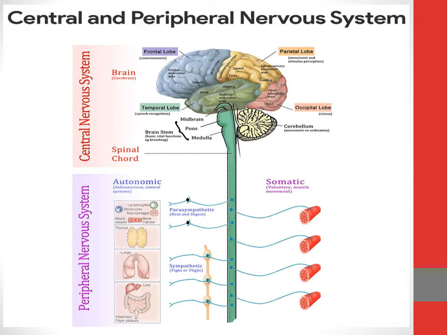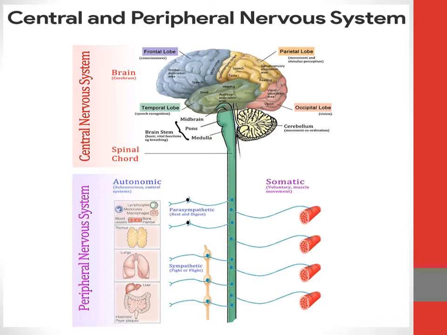Okay, so let's just briefly discuss a couple of functions of the different lobes of the brain. When we look at the frontal lobe, that's going to have the motor cortex. That's going to be responsible for movement of different parts of your body, right?